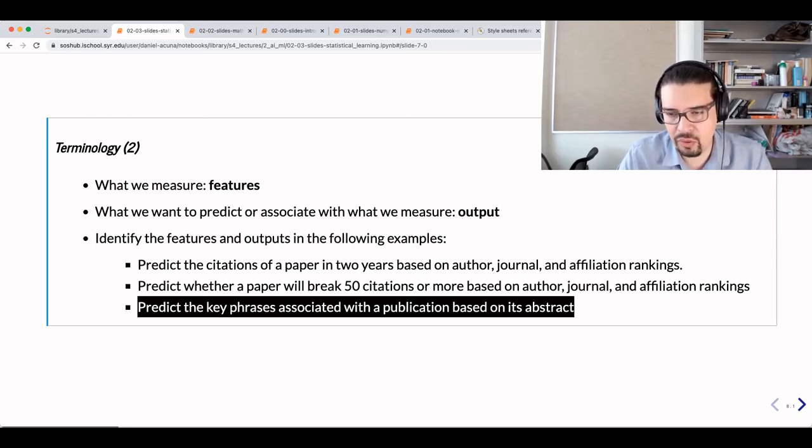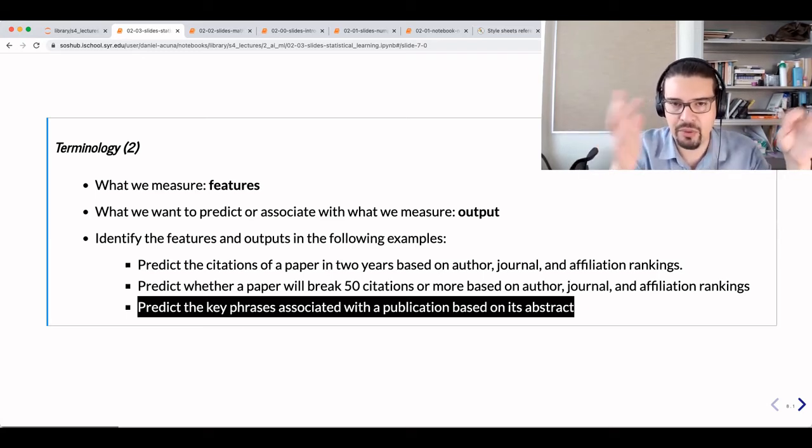And maybe you want to, given a new paper, predict what the MeSH terms should be. So you have all the papers that have been published before, and you can say, well, I'm going to take those papers, I'm going to somehow process the abstract, and I'm going to establish a relationship between the text from the abstract and the MeSH terms.